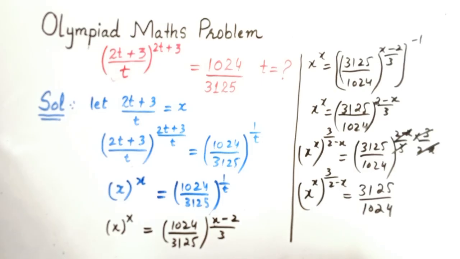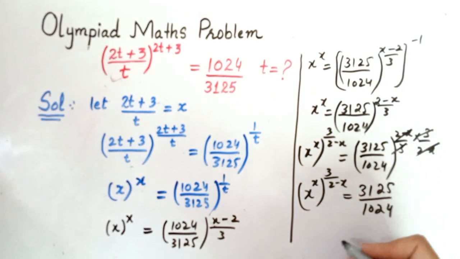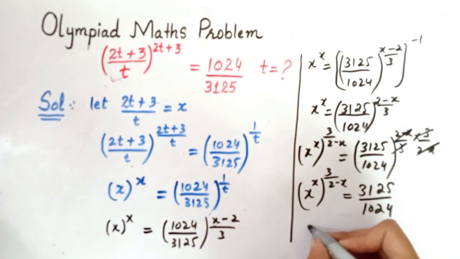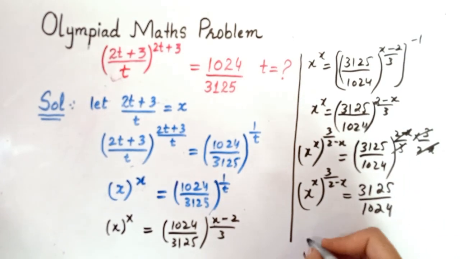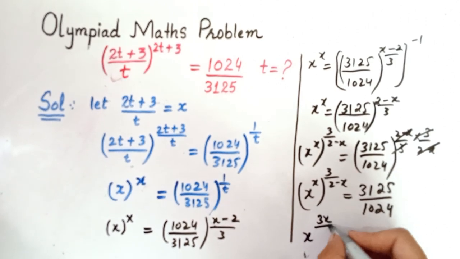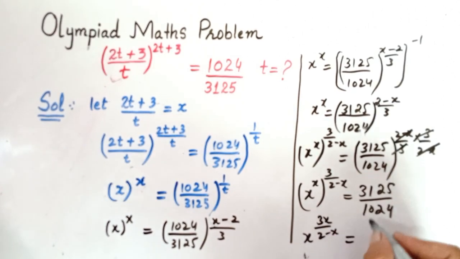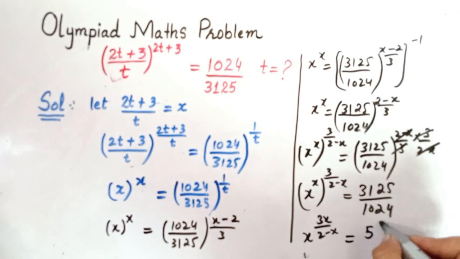Now we will solve this further: we multiply this and get x raised to the power 3x/(2 minus x). 3125 is 5 to the power 5 and 1024 is 4 to the power 5.